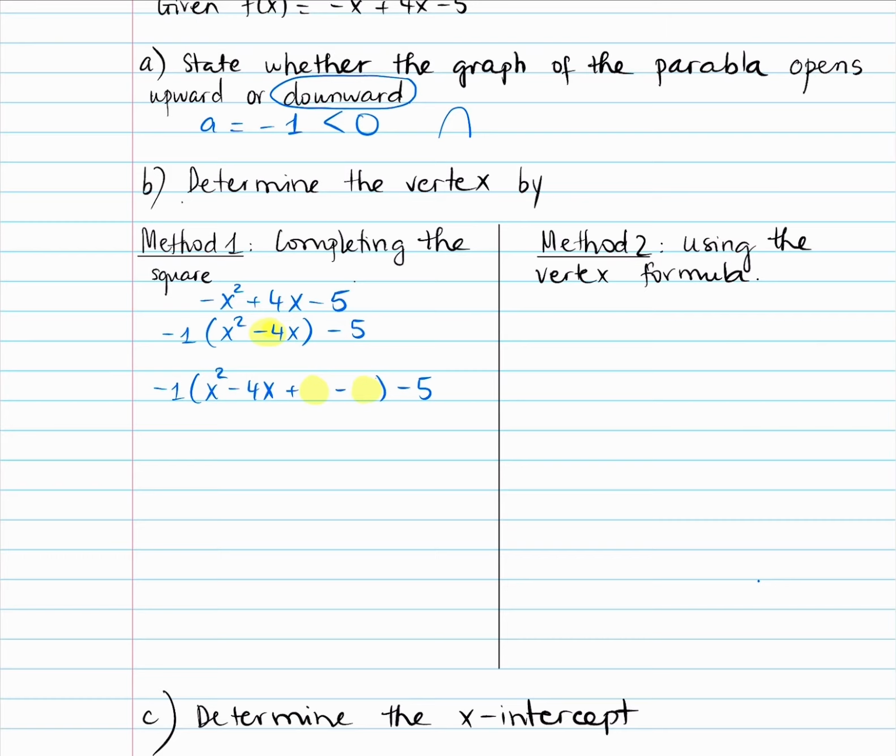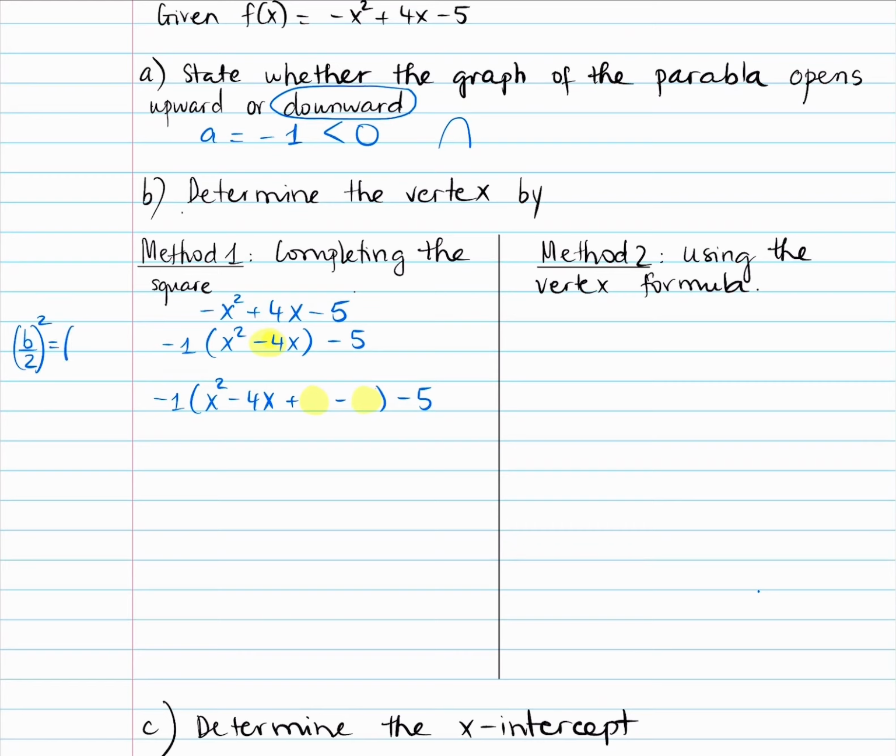We're going to call it the b value. So we look at b over 2 squared. b is -4 over 2, and then squared. Simplify this. In parentheses, we should get -2, and then squared, and that will give us 4. So we should put +4 minus 4 in here.